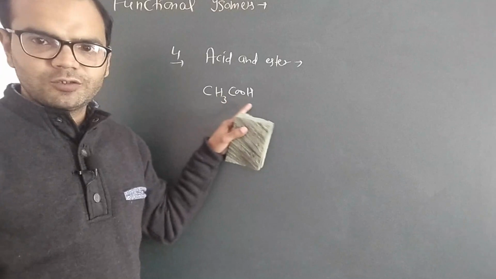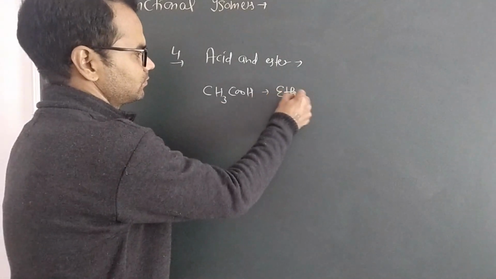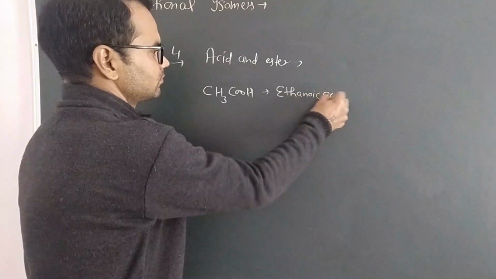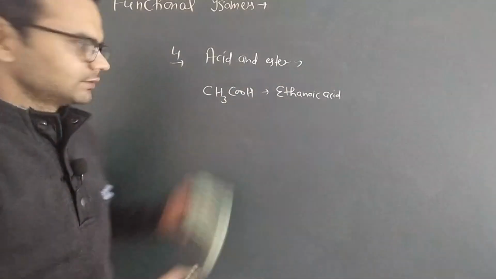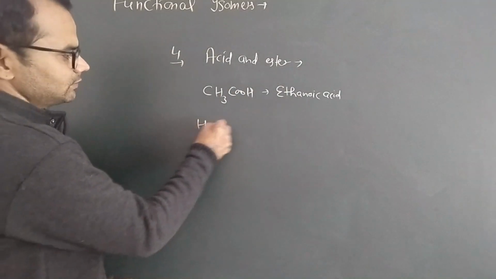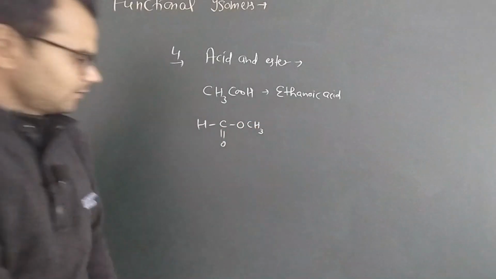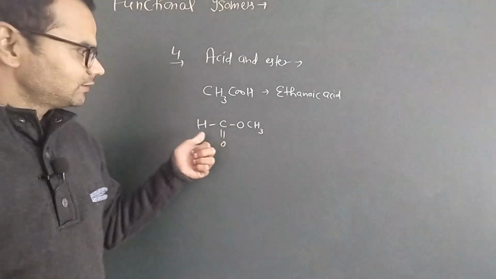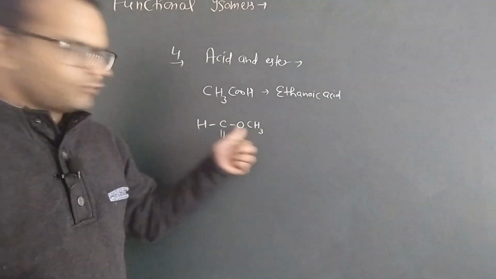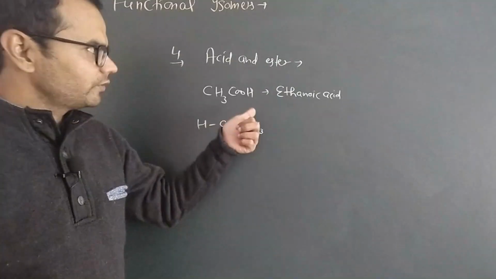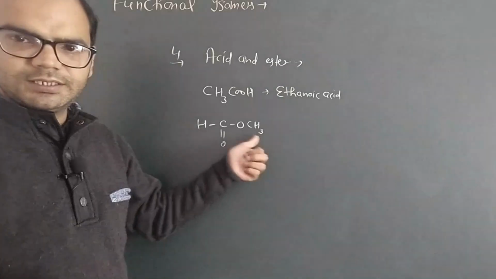This is ethanoic acid or acetic acid. And if we represent an ester of 2 carbons, it will be written as HCOOCH3. So we can write the IUPAC name. This is methyl, 1 carbon chain methane, and the suffix of ester is oate. So this is methyl methanoate.